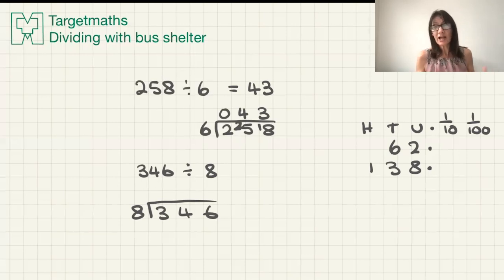Ordinarily, we get a question, we go, okay, I'll start my bus shelter then. So away I go. 8s into 3, I can't get any, so I carry the 3. 8s into 34, I can get 4. 8 4s are 32, leaving me 2 left over. 8s into 26 will go 3.